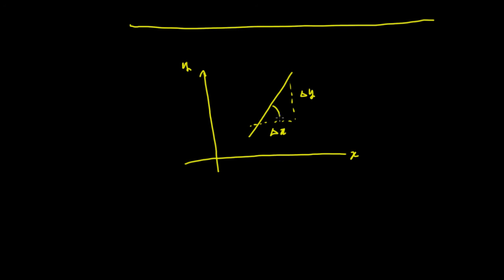But we already know from trigonometry that the tangent of this angle here is equal to delta y upon delta x. So tan of theta equals delta y upon delta x, which actually equals the gradient.